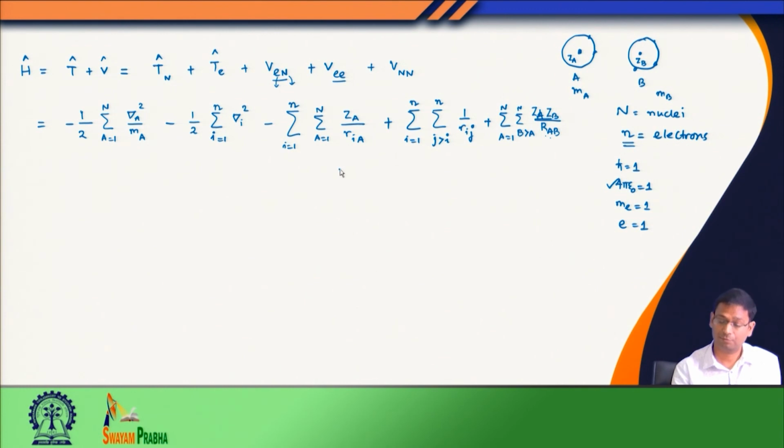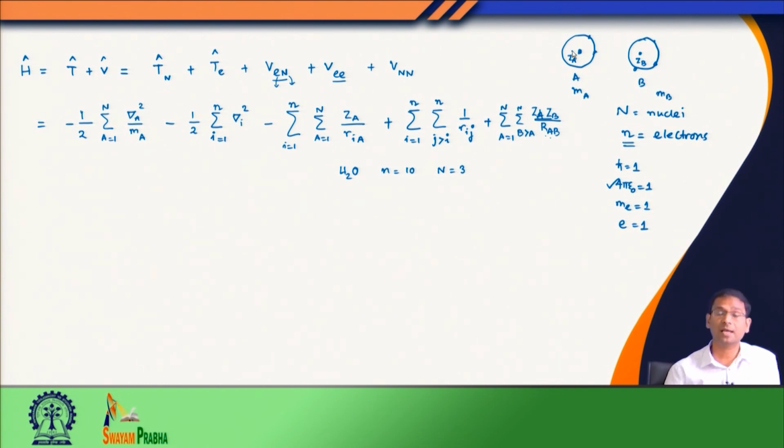Let us say I have a water molecule. I have 3 nuclei and 10 electrons. So, here n equals 10 and capital N equals 3. One thing that we must appreciate here is that when I have these electrons moving around, the nuclei are much heavier than electrons.